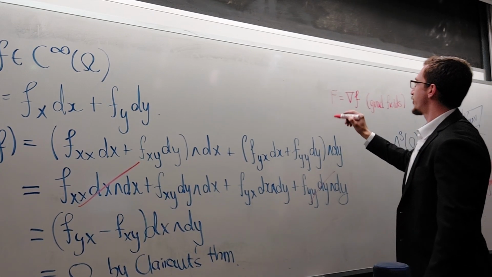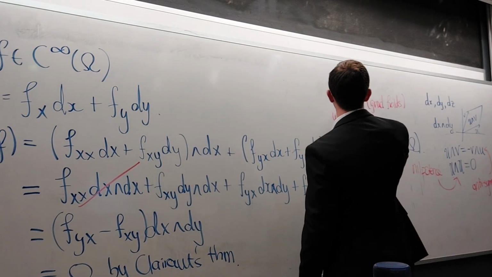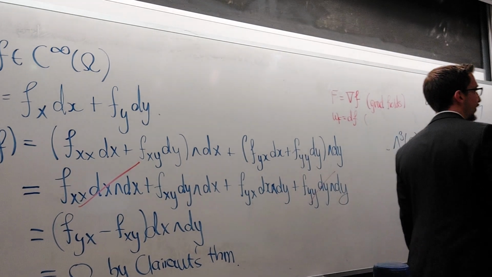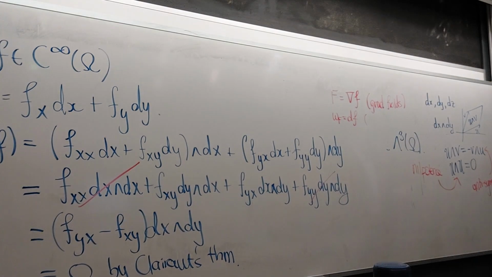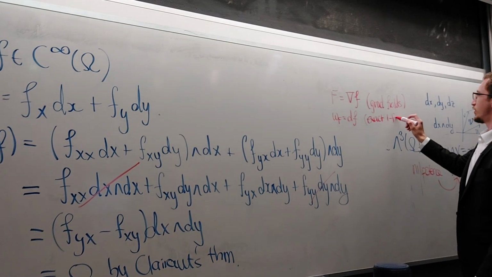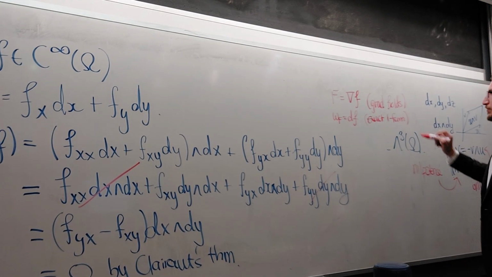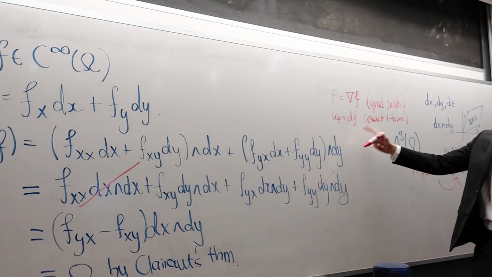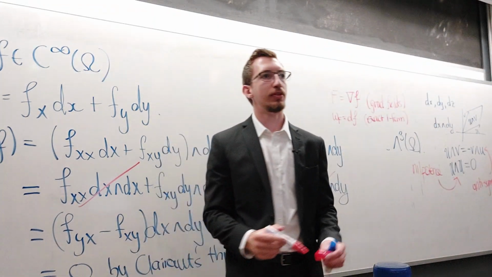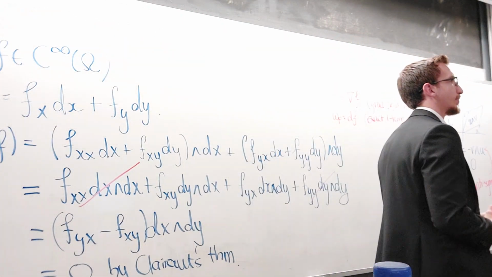Now the one form associated to a gradient field is df. I didn't require you to remember this language, but the word for this is exact form. That's an exact one form. And what we're seeing is that the exterior derivative of an exact one form is 0.